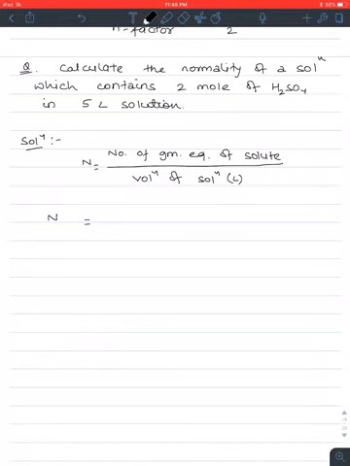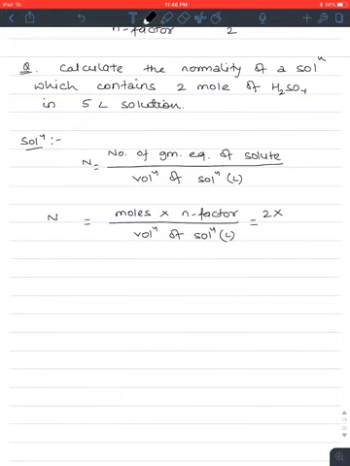They have given the number of moles. And from the number of moles, how can we find gram equivalents? So we have seen one relation, that number of gram equivalents is equal to moles into n factor. Moles into n factor will give you the number of gram equivalents, upon volume of solution in liters. That will give me what? That will give me normality.